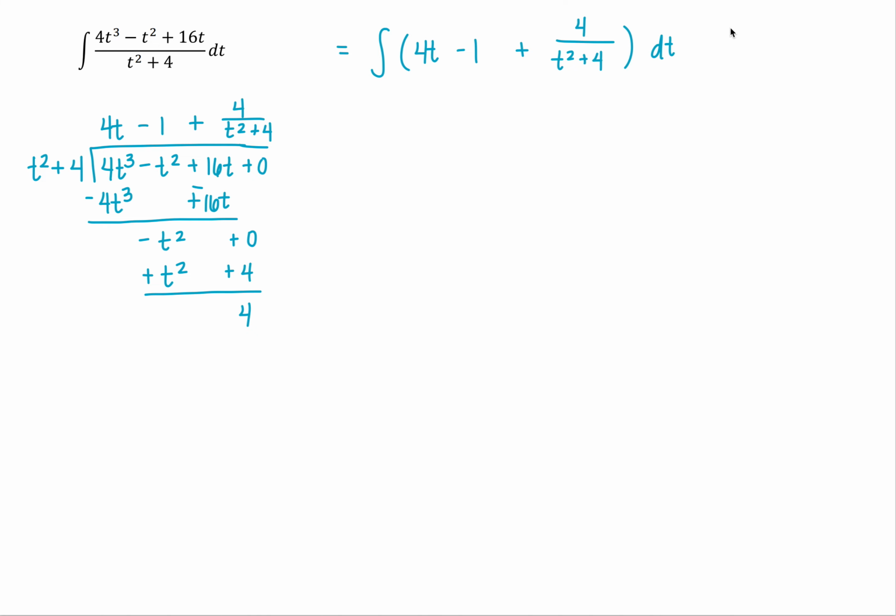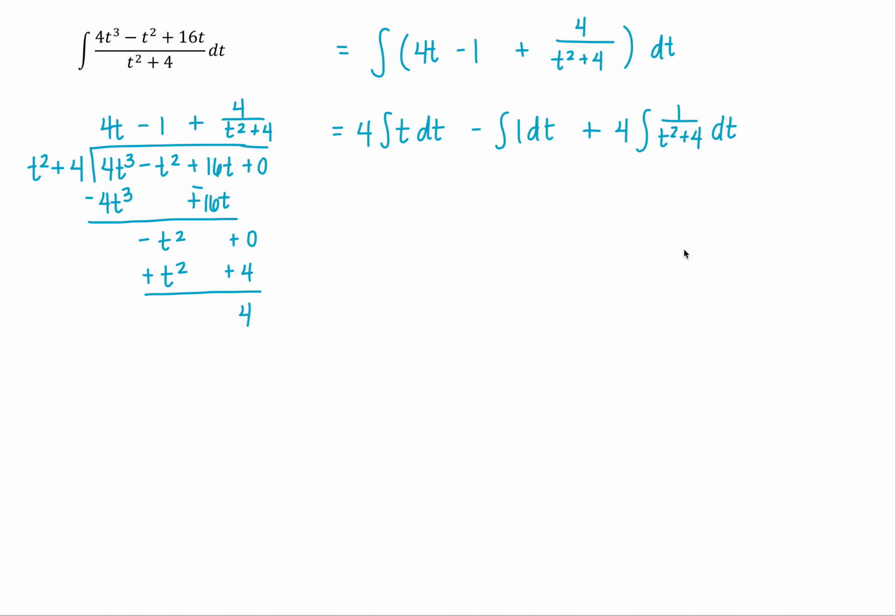And by the way, this is a personal preference thing. If you wanted to write this as 3 separate integrals, you could do that. So if you wanted to, you could write 4 times the integral of t dt minus 1 dt and 4 times the integral of 1 over t squared plus 4 dt.